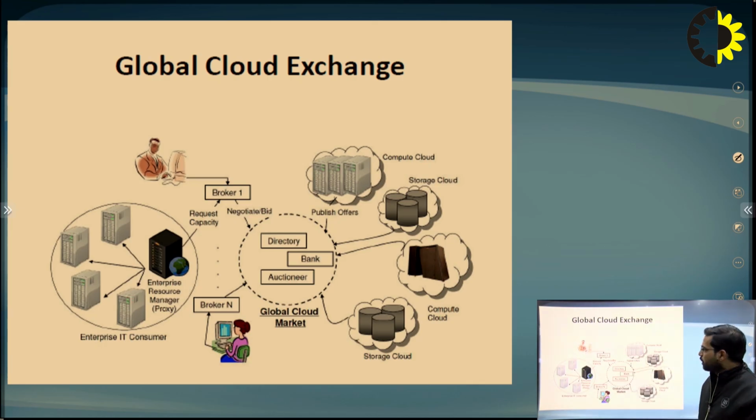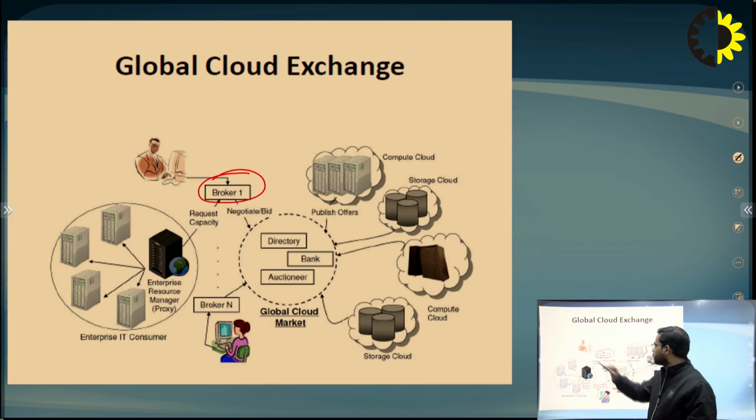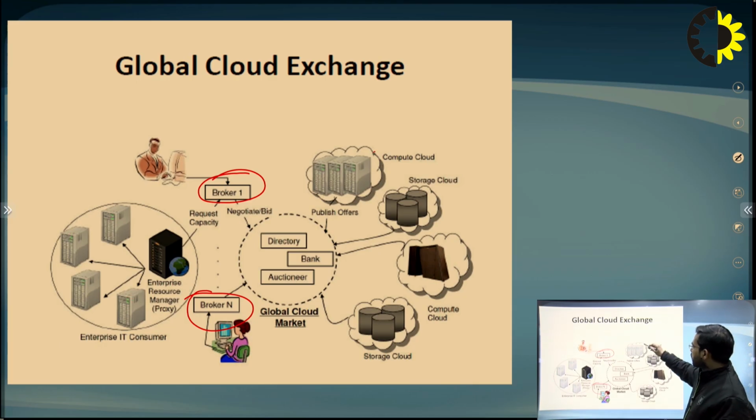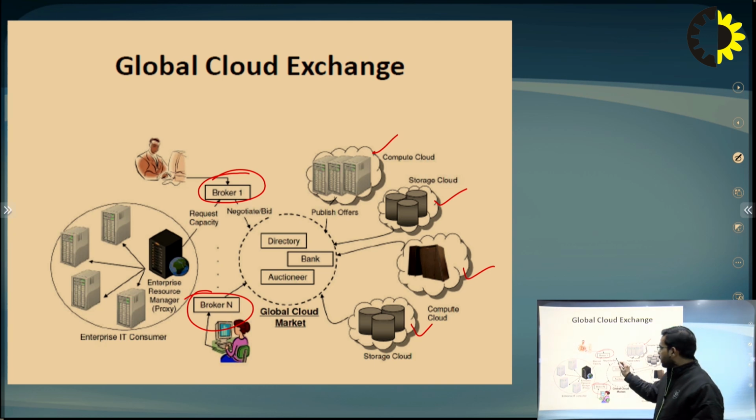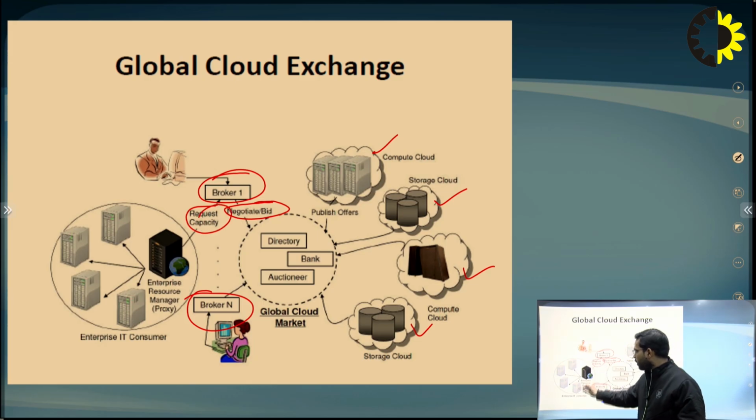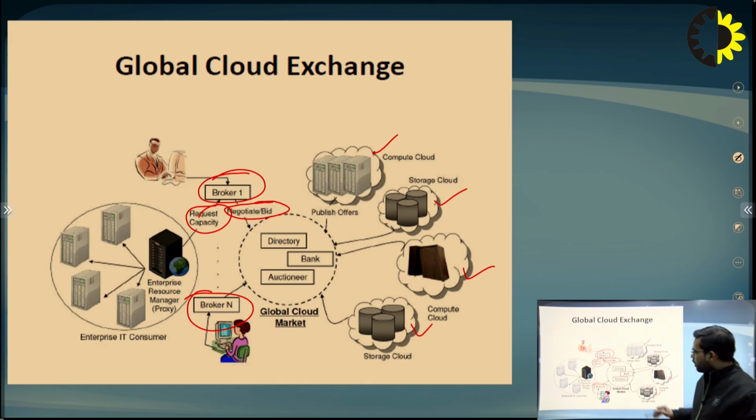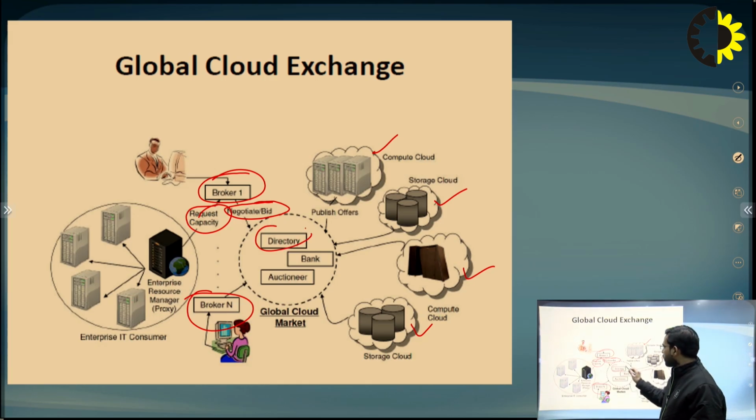So that is the infrastructure of the global cloud exchange. For example, here is broker 1, here is broker n. There are a lot of brokers. These are the compute cloud, that is the storage cloud, that is compute cloud, that is storage cloud, different. This is the negotiated or bid, that is the request capacity according to the ERP proxy, enterprise IT consumer, and these basically belong to the directory, bank and the auctioneer.